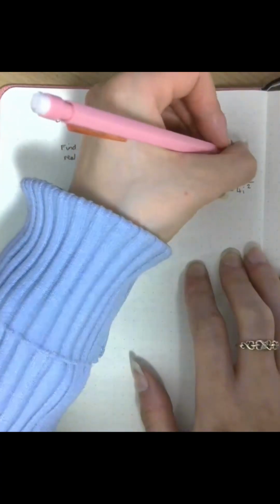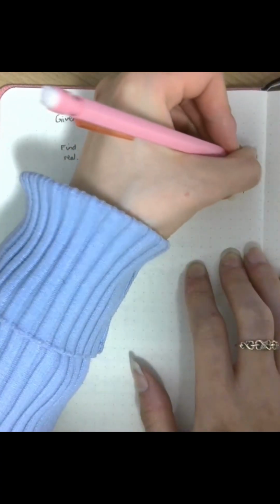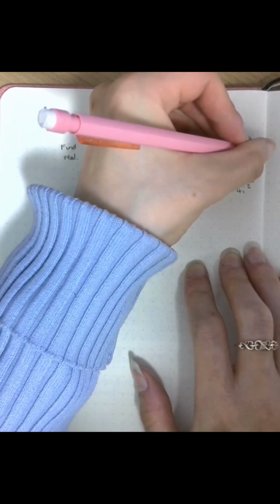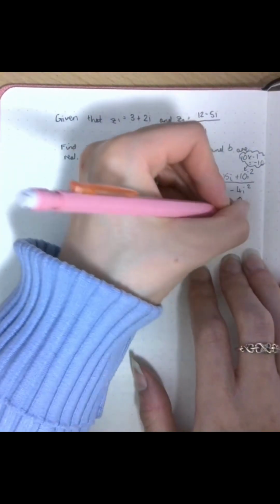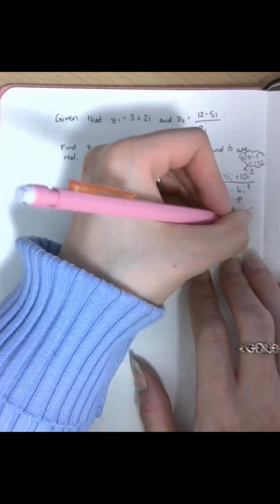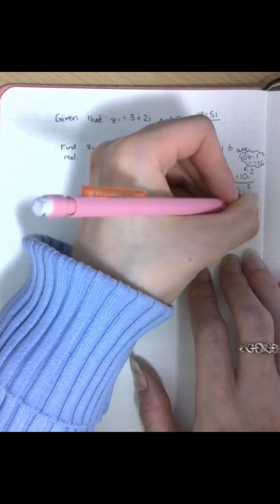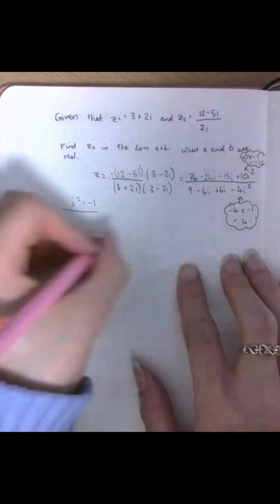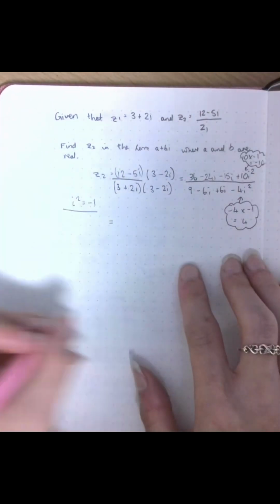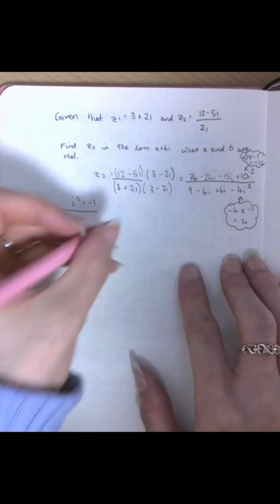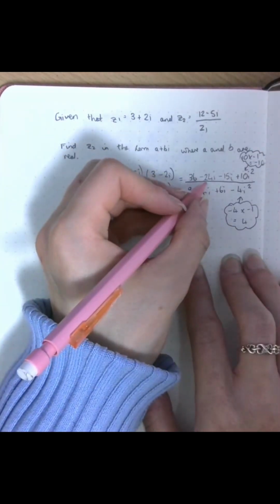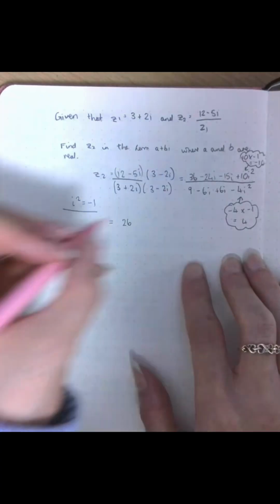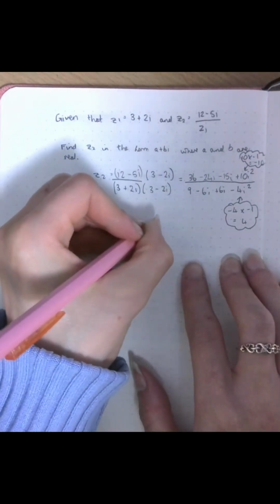So 10i squared will be 10 times negative 1, so that's negative 10. And we have minus 4i squared, so that's minus 4 times minus 1, which will actually get us positive 4. So now let's write all that out and clean it up a little bit. So we have the 36 take away 10, that will be 26. And then minus 24i take away 15i, that will be minus 39i.